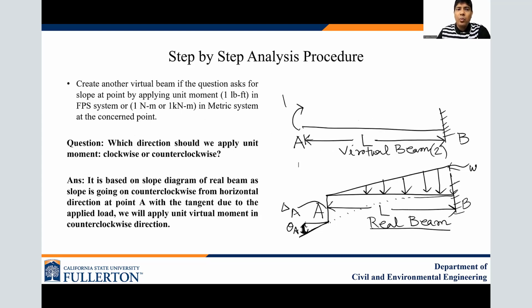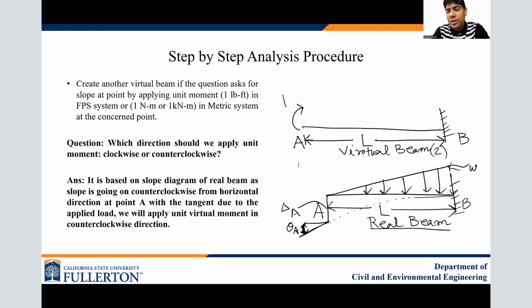Similarly, we'll create another virtual beam 2, to find the slope at that same point. You could have been told a different point, or you may need to find the deflection and slope at the same point. To find out the slope, we will apply a unit moment at that particular point.